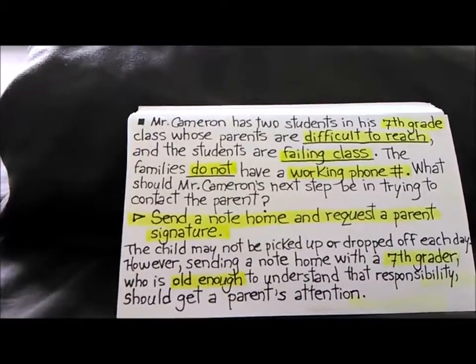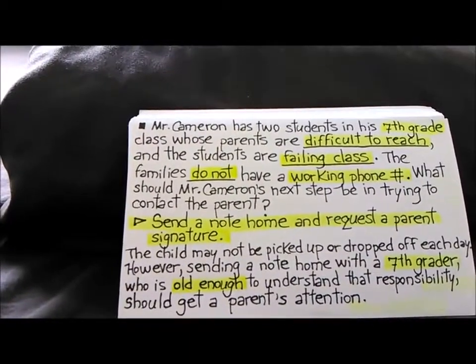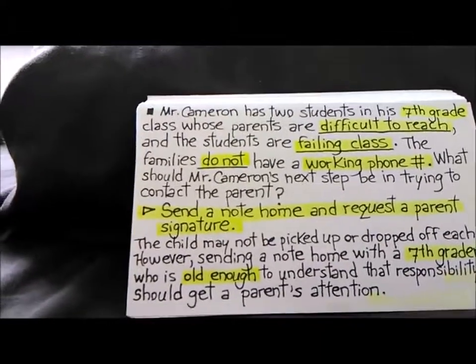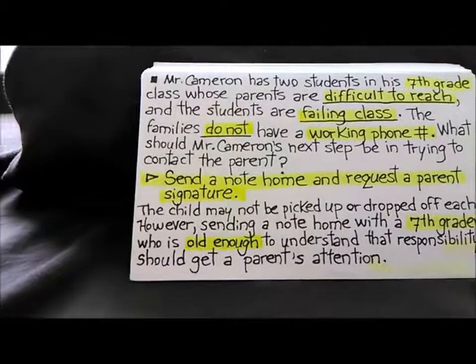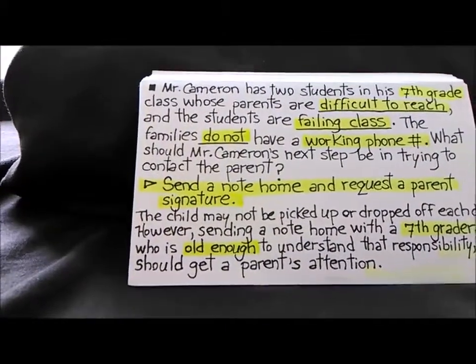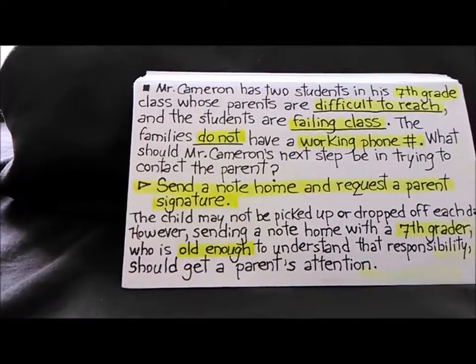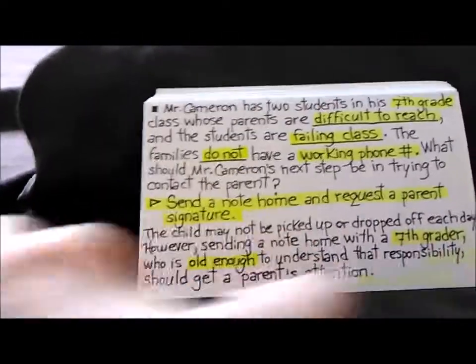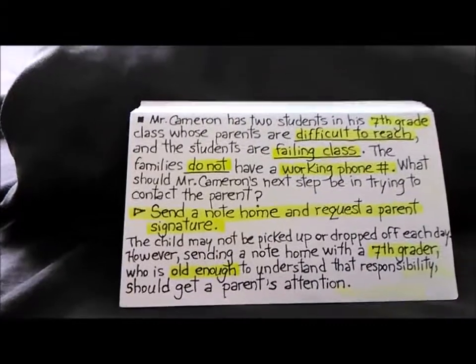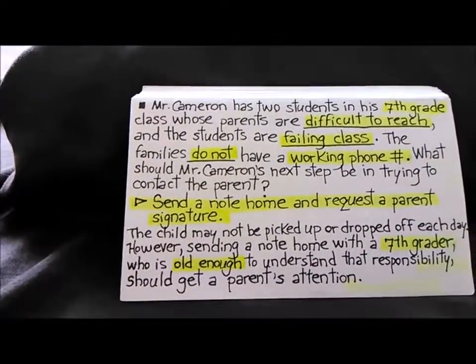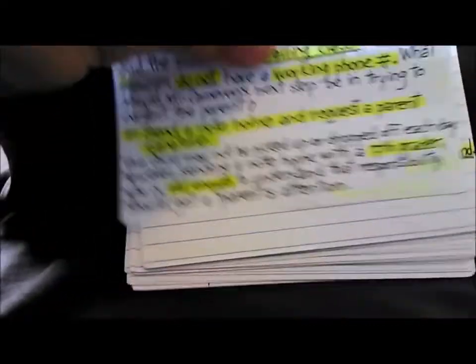Well, send a note home and request a parent signature. Remember, it's 7th grade, okay? The child may not be picked up or dropped off each day. However, sending a note home with a 7th grader who is old enough to understand that responsibility should get a parent's attention.